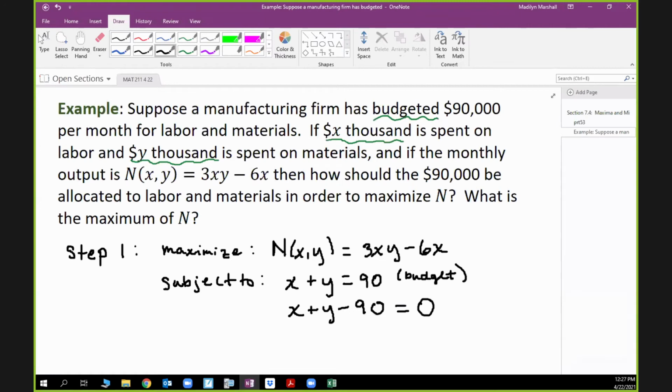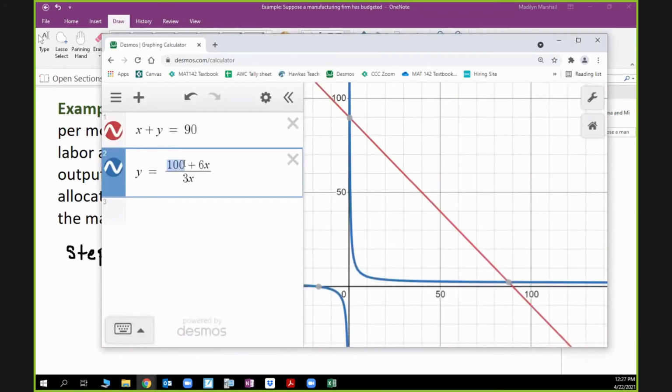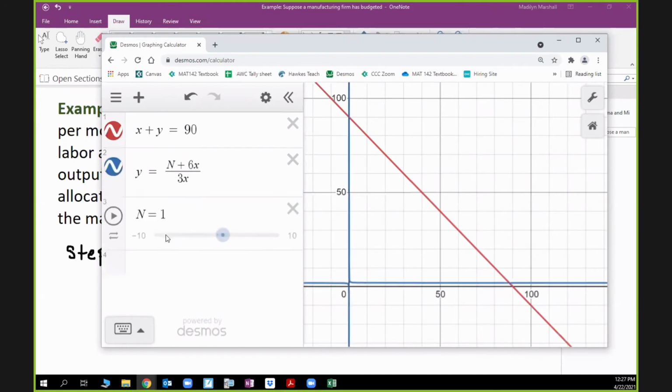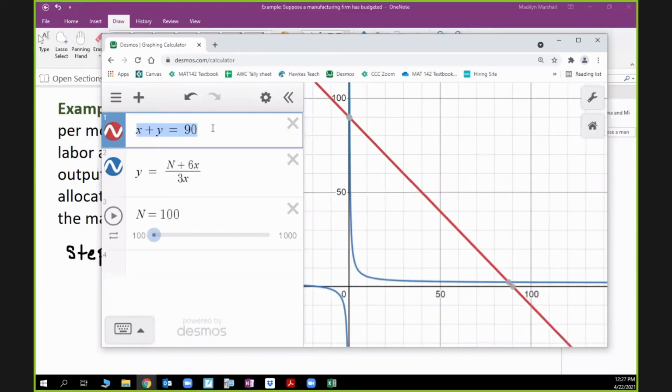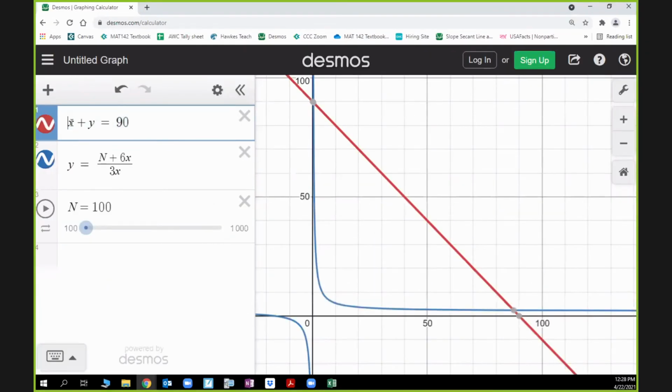So before we go further, I'm going to bring up a graph of these two functions. Okay, so the top equation here is our budget equation, the X plus Y equals 90.